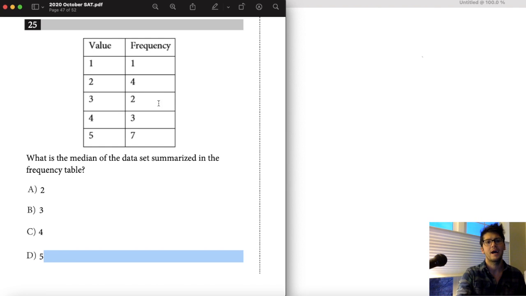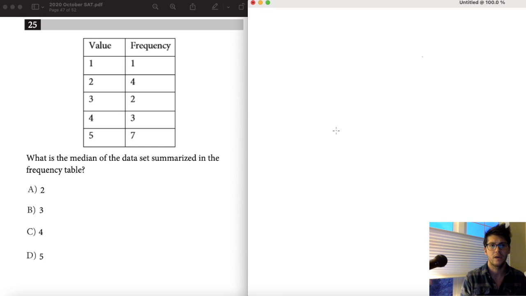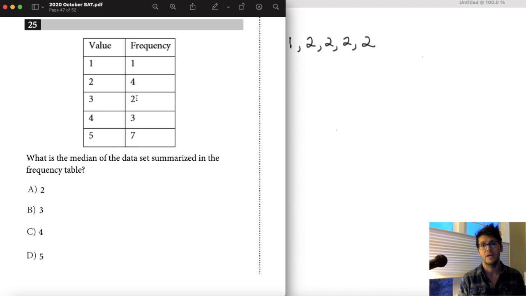What you have to do is think about how many total numbers we have. What this data is showing us is that we have the value of 1 once. We have the value of 2 four times. I wouldn't write this out all the way on the test, but this is just for teaching. We have the value 3 happening twice: 3, 3.